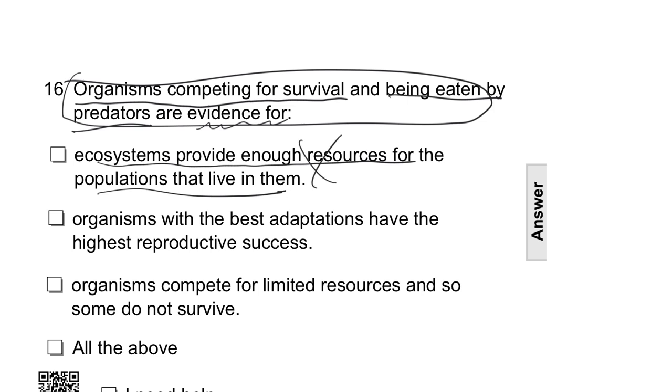Organisms with the best adaptations had the highest reproductive rates. Me just reading this right here does not prove this true statement, even though it is a true statement. Hopefully it's this. Organisms compete for limited resources, okay, duh. And so some do not survive. Yeah, well, some don't have the adaptations that allow them to get food more efficiently.